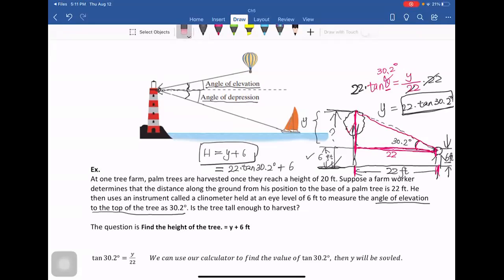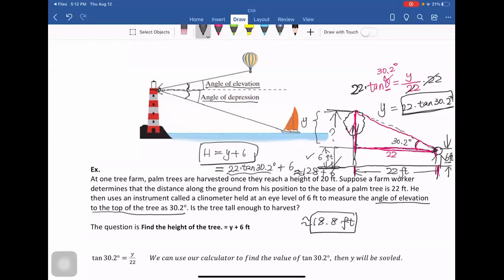I think the front part, this part, is about 12.8. 12.8 plus 6 is about 18.8 feet.